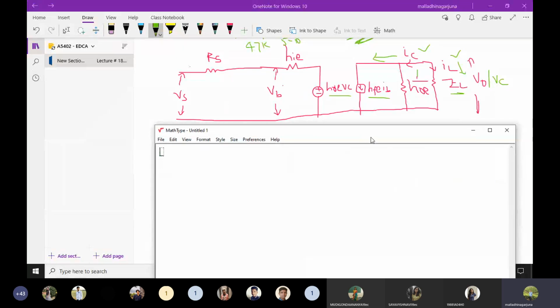Now I will draw this step 4. Step 4 is the calculation of all those things.